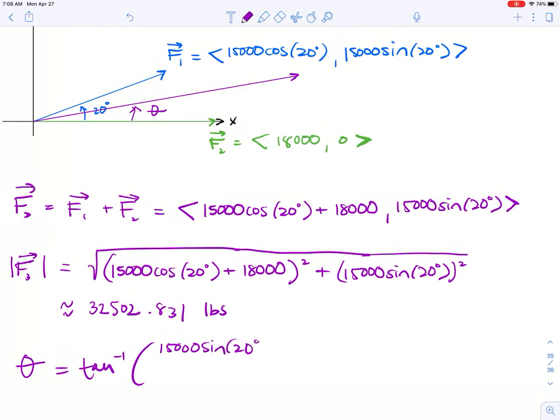So inverse tan of, I'm just going to write it out, 15,000 sine of 20 degrees over 15,000 cosine of 20 degrees plus 18,000.